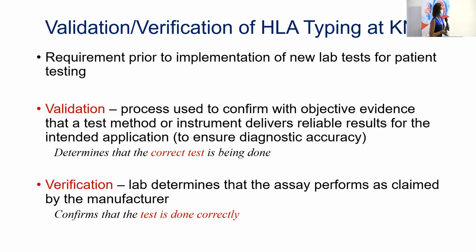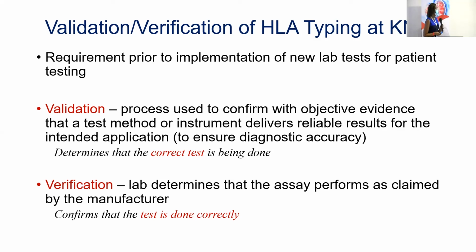Those are usually done by the manufacturer. What we tend to do in clinical diagnostic labs is more verification, where we perform the assay as recommended by the manufacturer, so you don't make any modifications. If you want to make any modifications, for example, changing the specimen bottle, you would have to do validation, not verification.